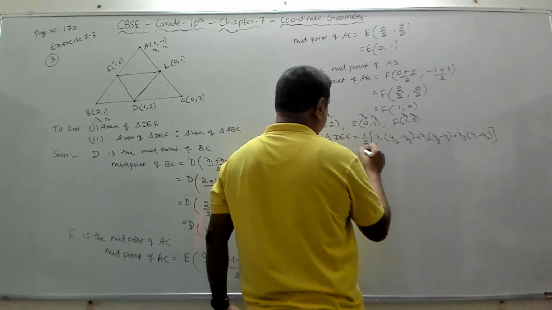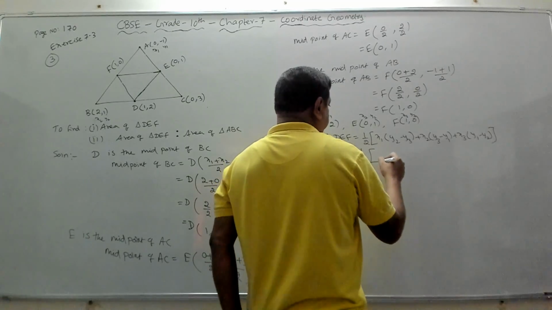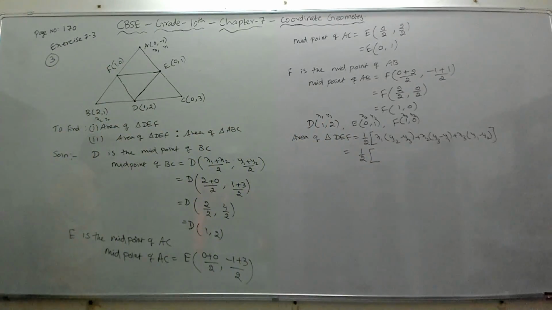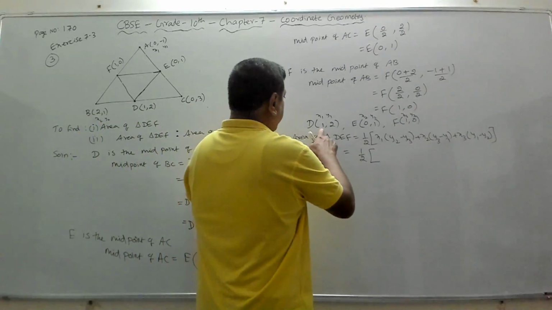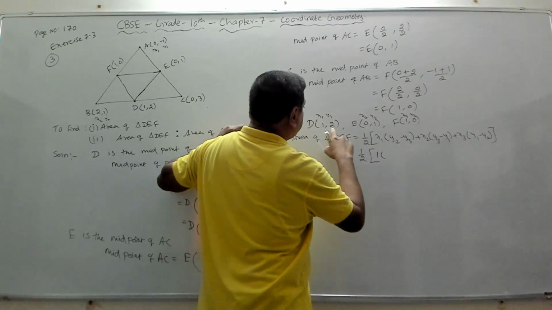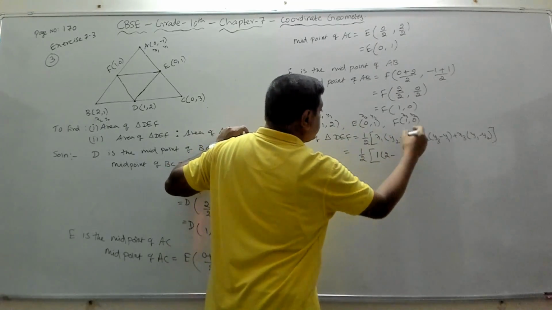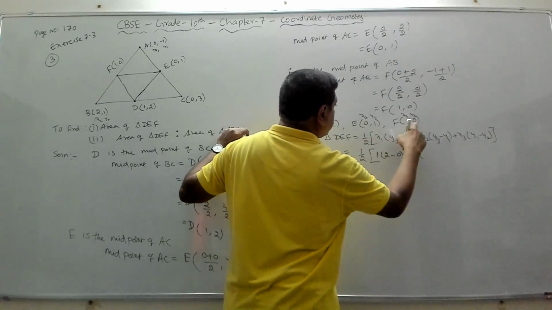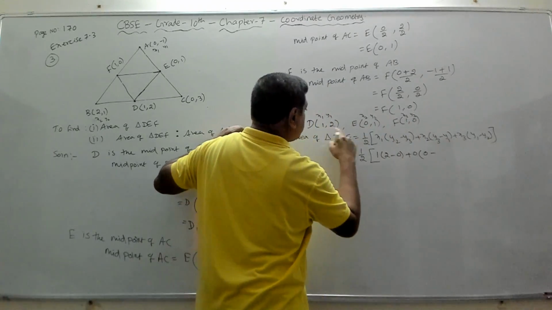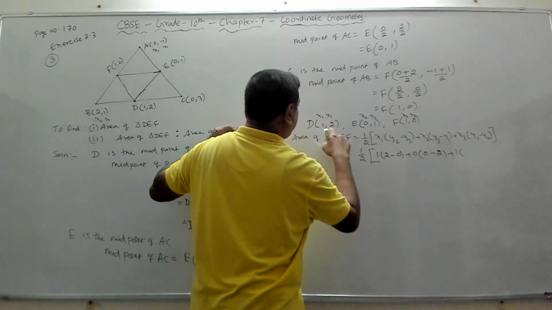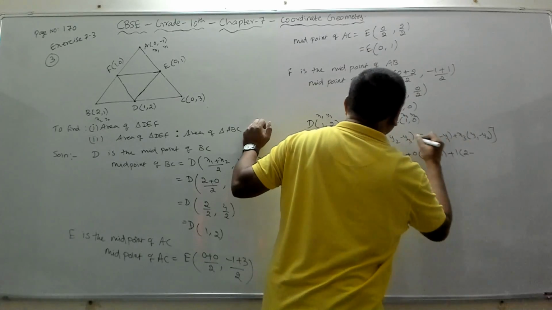So that is equal to 1 by 2 of, now what is x1? x1 is 1 into y2 minus y3. y2 is 2 minus y3 is 0, plus x2. x2 is 0 into y3, y3 is 0 minus y1 is 2, plus x3. x3 is 1 into y1, y1 is 2 minus y2 is 1.